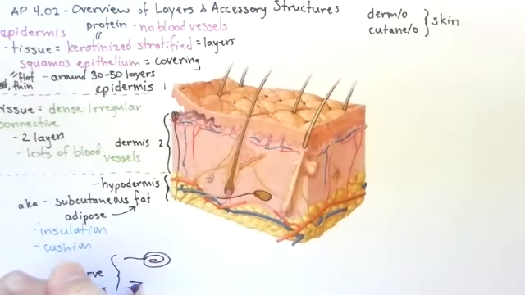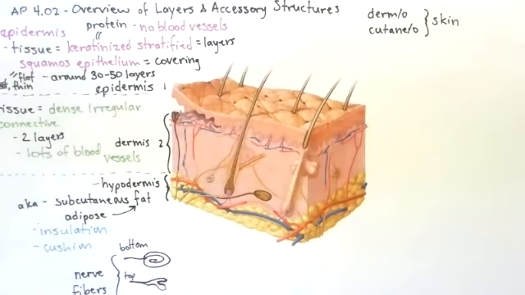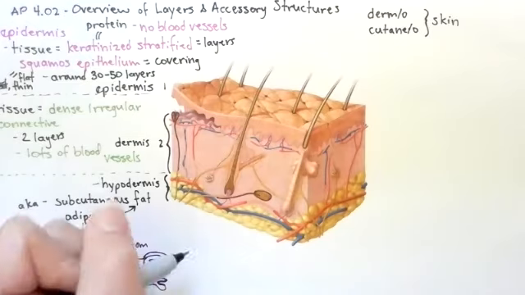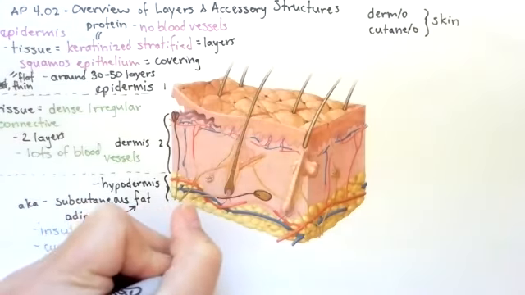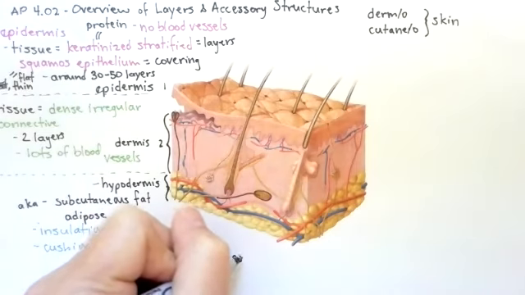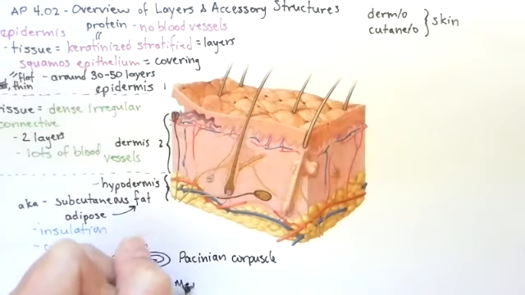So the top one has a little shape like that. This is the top. This is the bottom. And these are specialized sensory nerve fibers that allow us to sense touch. This one is called a Pacinian corpuscle. And this is a Meissner's corpuscle.